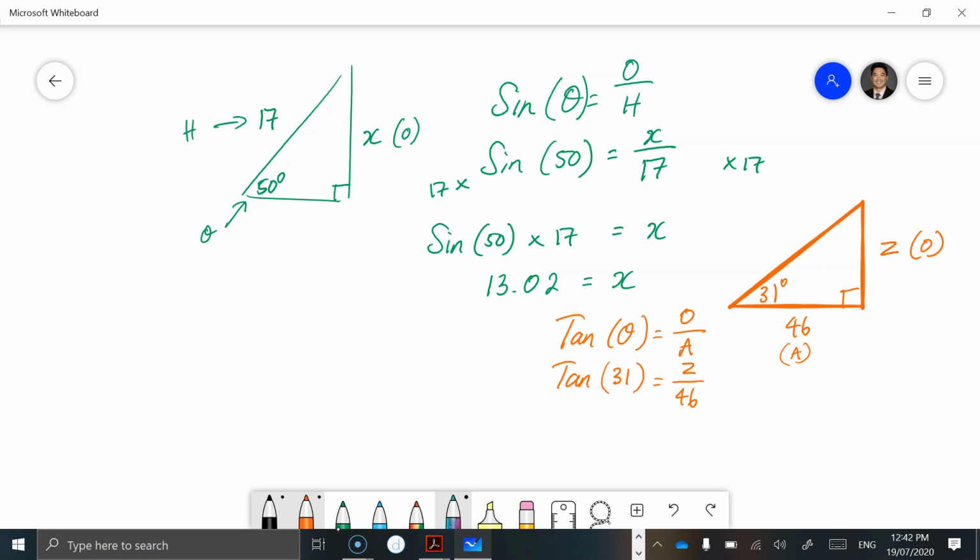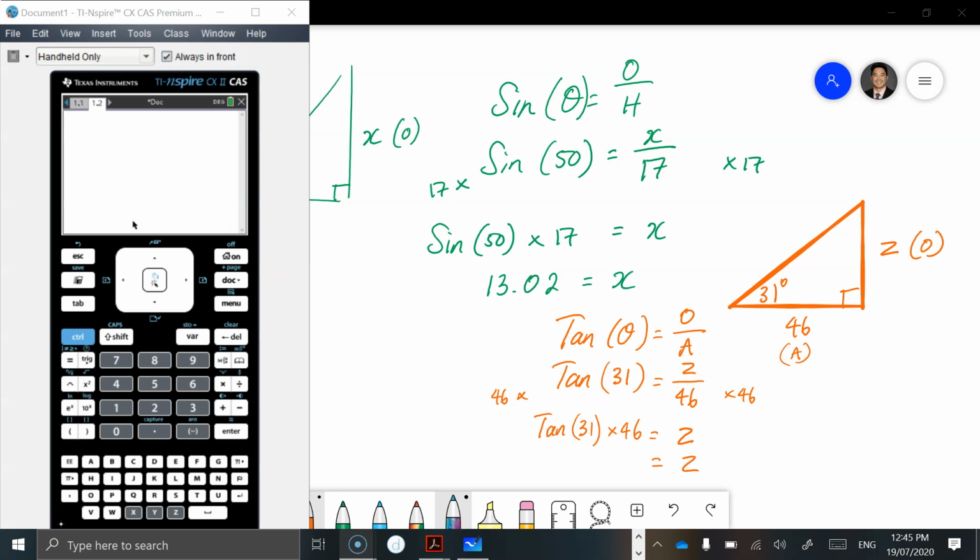And 46 is at the bottom. We want Z on its own, so we're going to multiply both sides by 46. And we'll have tan of 31 multiplied by 46.